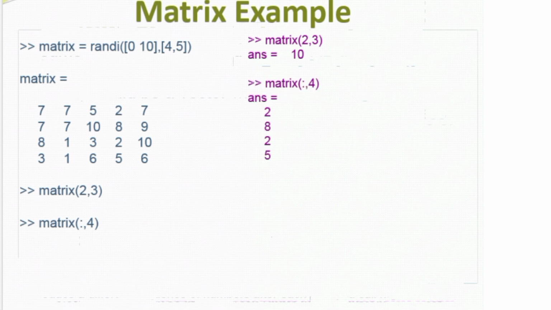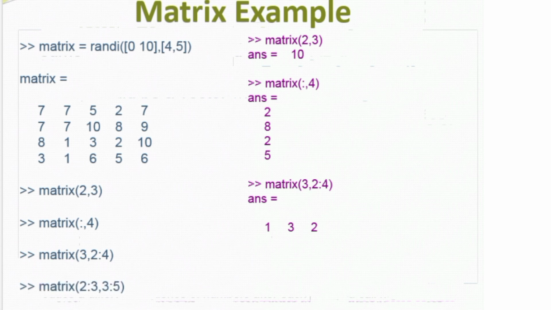And sure enough, that's what I get back as a column vector. If I do matrix(3, 2:4), that means go to row 3 and pull out everything from column 2 to column 4. Well, if I go to row 3 and I go to columns 2, 3, and 4, I have the values 1, 3, 2. And that's what I get.